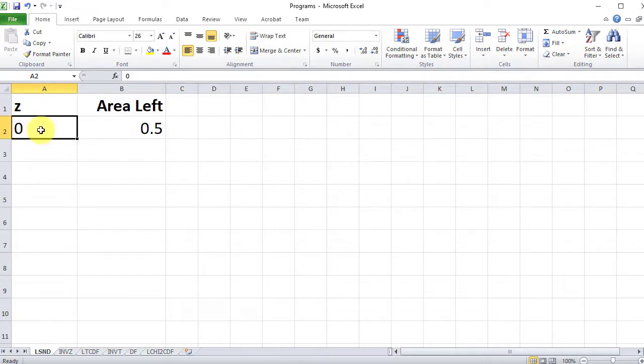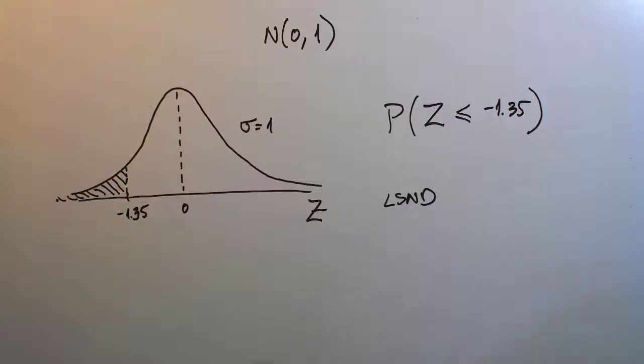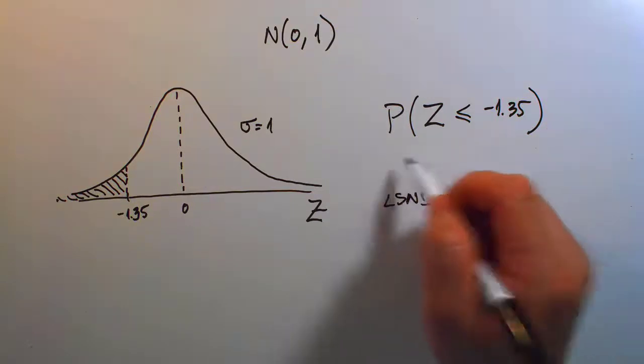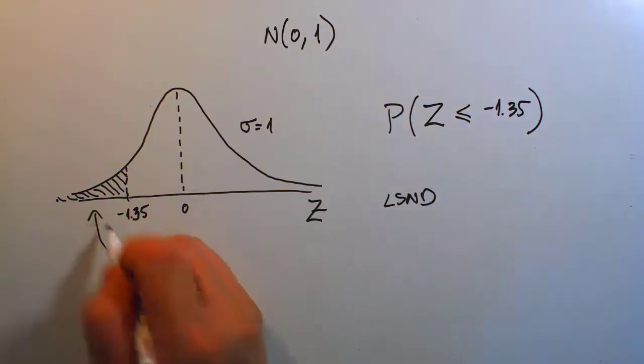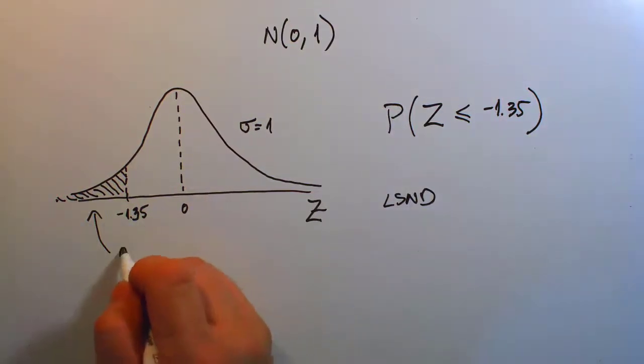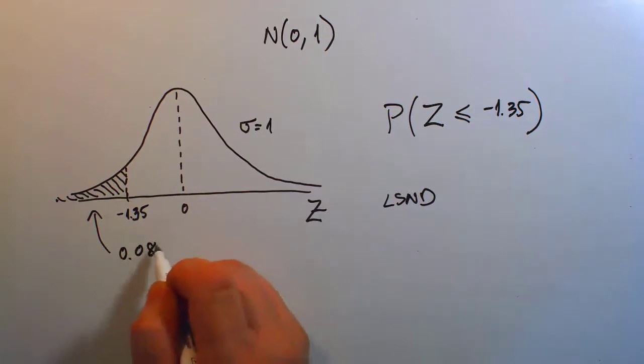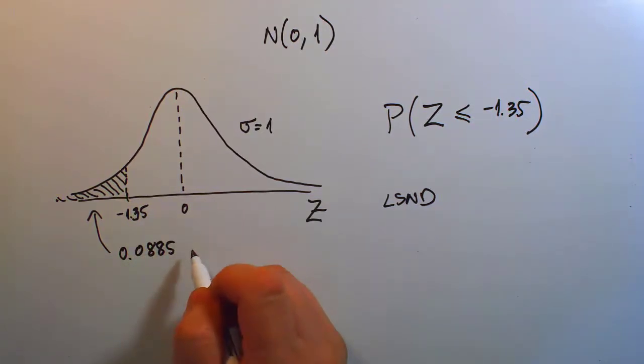Only change to different values in this designated box right there. But so now, negative 1.35, hit enter, and so now my value of that area, cumulatively, is 0.088508.